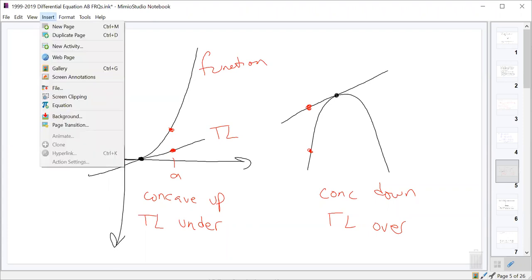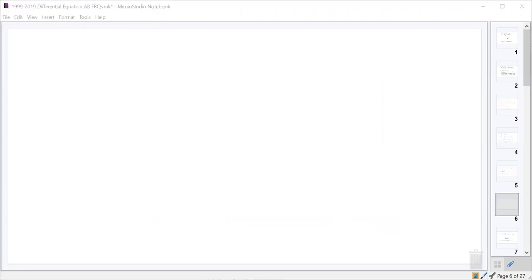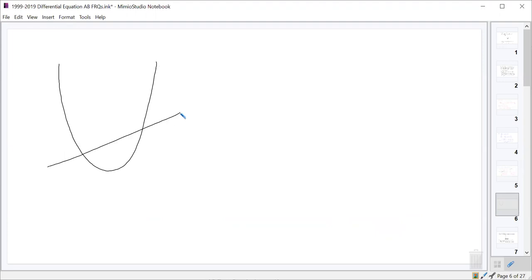Sometimes they also like to talk about a secant line. What's a secant line? There are 2 points, right? There's my secant line. So sometimes they will like to ask about a secant line and have you approximate something using the secant line. If the function is concave up, and I use the secant line on that interval to approximate the value of the function, secant line is going to be greater than the true value.